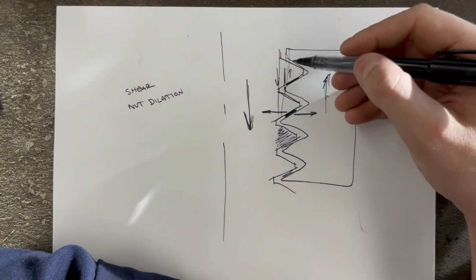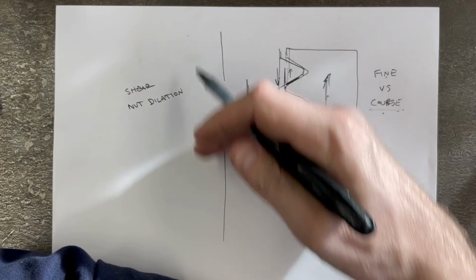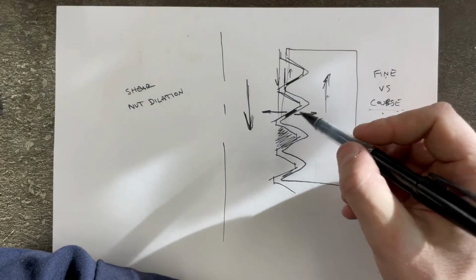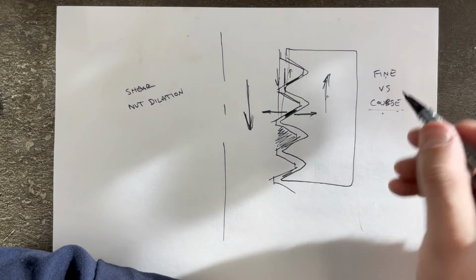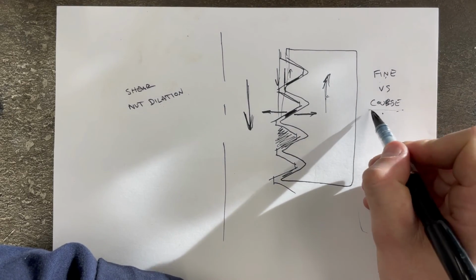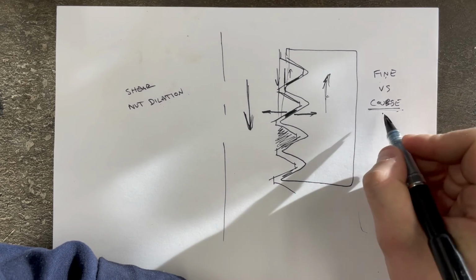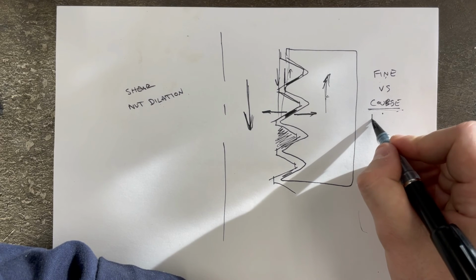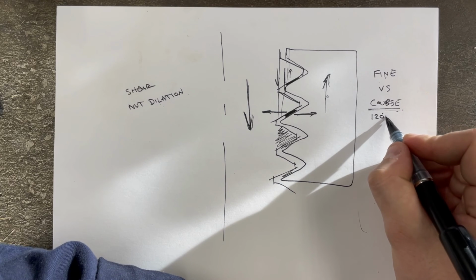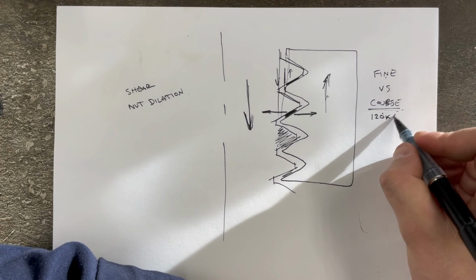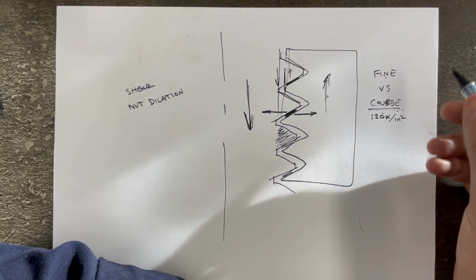So fine threads, the teeth will shear first, but there's more strength inside of the mass of the cap screw, whereas coarse is going to have a stronger shear strength. So the SAE has designated, while you have like a grade 5 bolt, you can say that a coarse has a strength of 120,000 pounds per square inch.